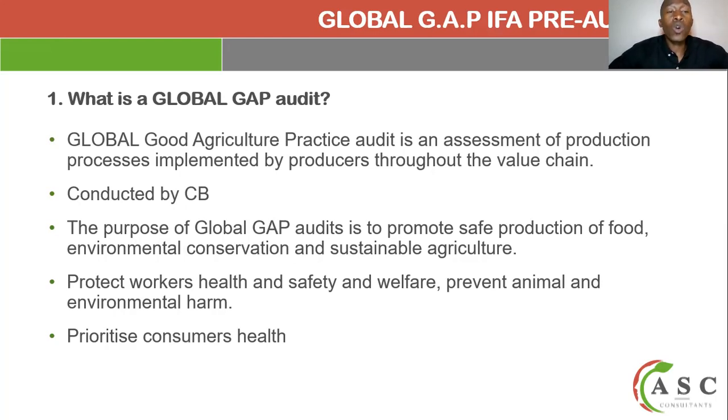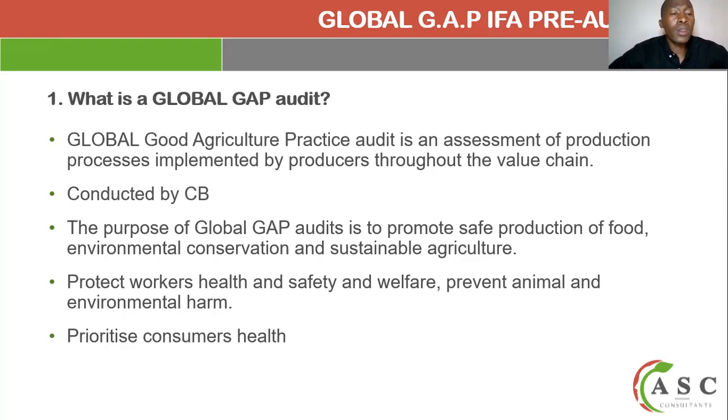Okay, so a Global G.A.P audit is mainly conducted by what we call a certification body, or CB. A certification body is an external, third-party organization which is trained and approved by Global G.A.P in order to carry out these Global G.A.P audits and subsequently issue certifications or certificates.